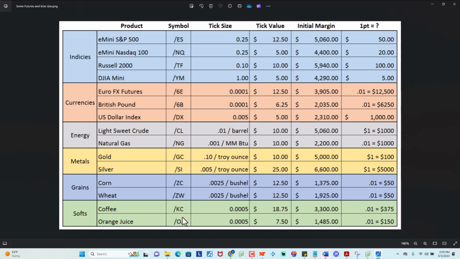There are many more futures products. You can even trade the interest rate going up and down, because you can trade the bond, right? So they have ZB, ZN, which is not part of this list here. So the list is long. You can go to the CME website, cme.com, and you'll see a complete list of futures products that you can trade when you switch over from Forex to futures.